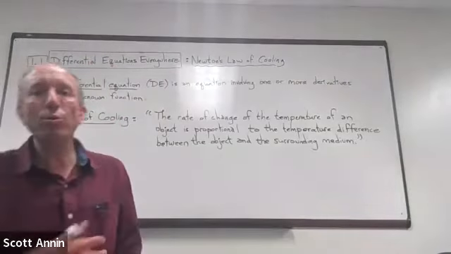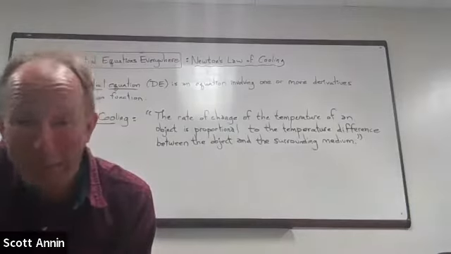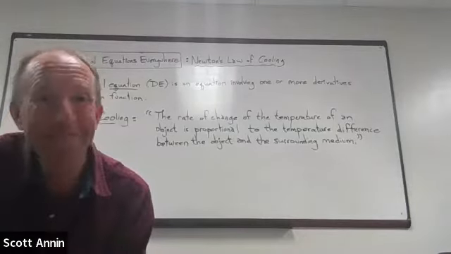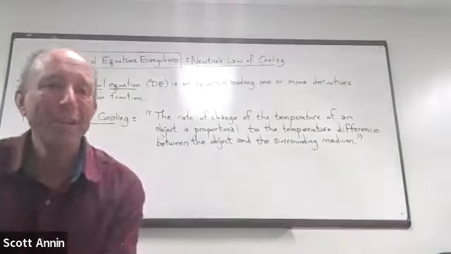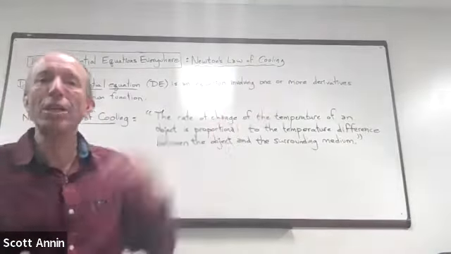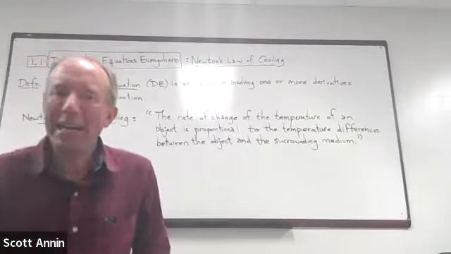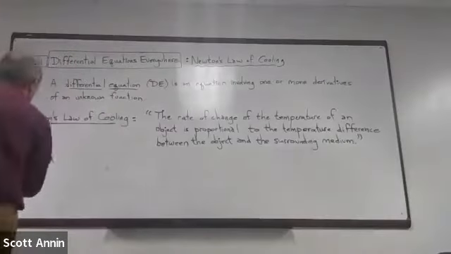But Newton's law of cooling is talking about the rate of change of something. And that means the derivative, right? We've learned in math that the derivative measures the rate of change. In this case, we're talking about the rate of change of the temperature of an object. So I'm going to set up a little bit of notation to help me describe that.